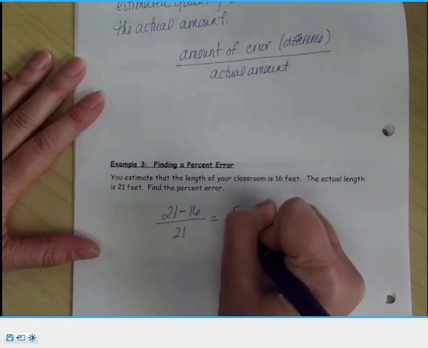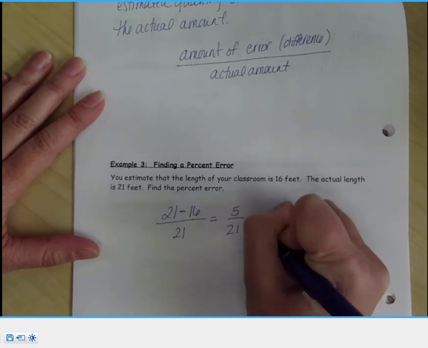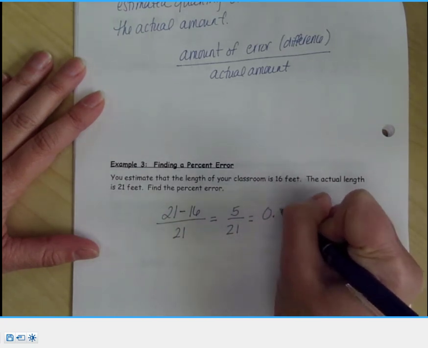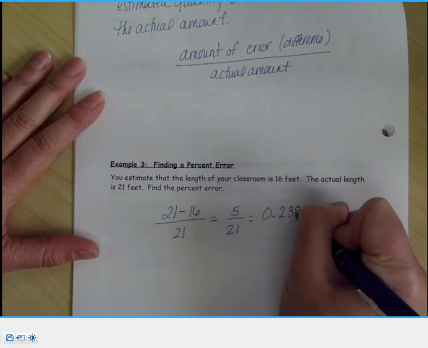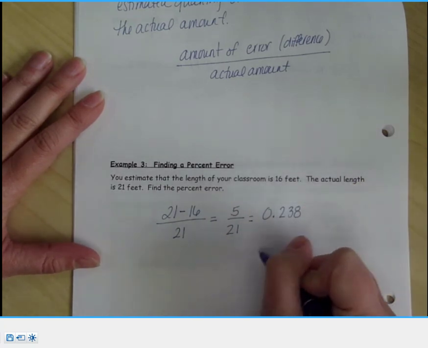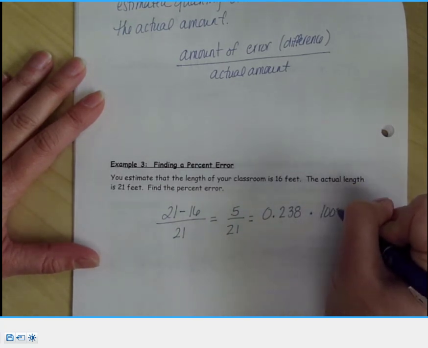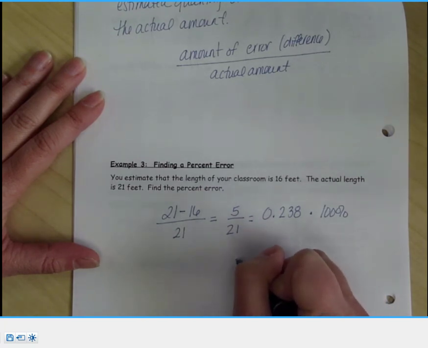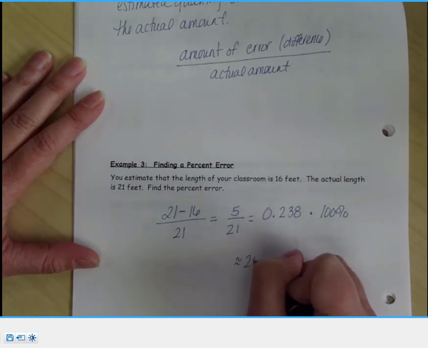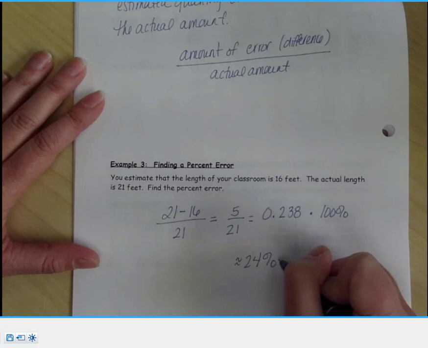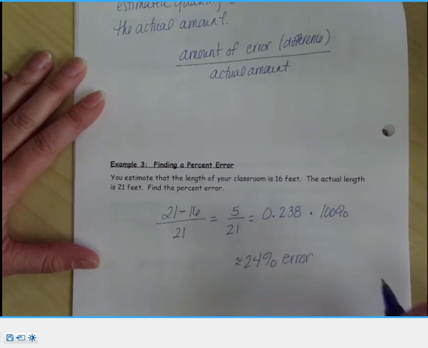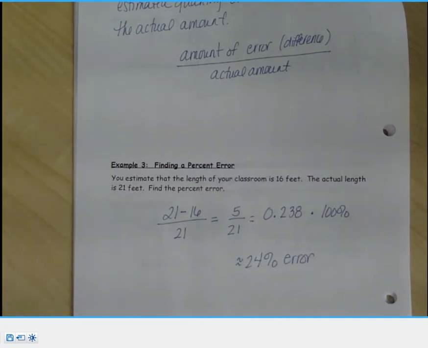When we do that, 5 over 21, which gives us a decimal of 238 thousandths. Multiply that by 100%. So our answer is approximately 24% of the error. So we were off by 24%.